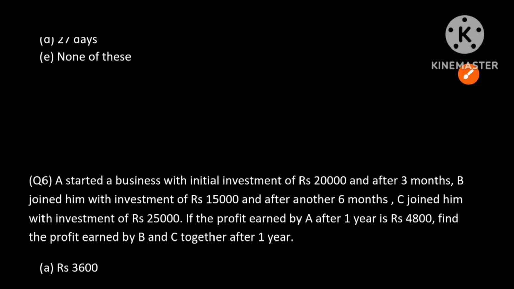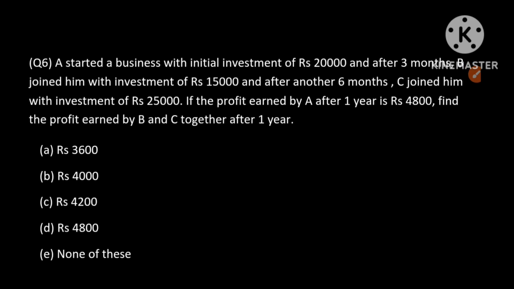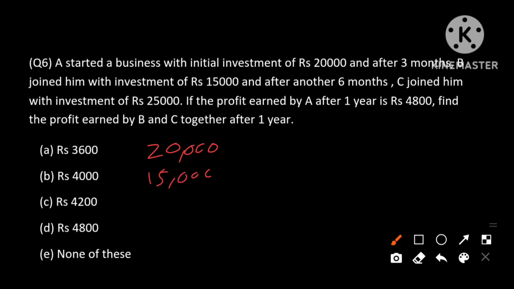Next question, question number 6. Here it says that A started a business with an initial investment of 20,000, and after 3 months B joined him with an investment of 15,000.